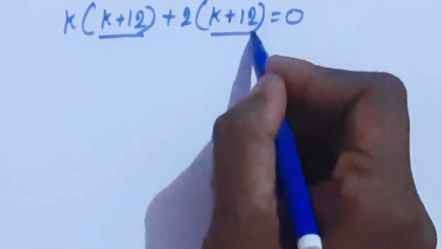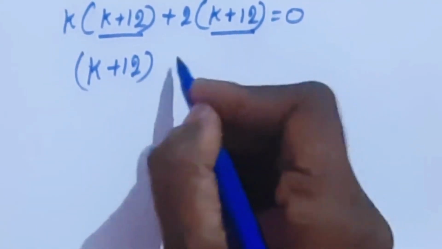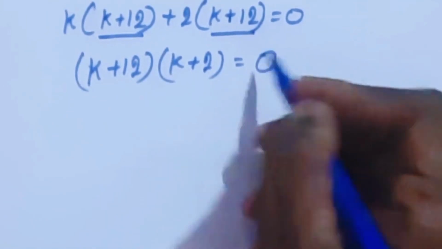Now k plus 12 we are going to take common out. So (k plus 12)(k plus 2) equal to 0.